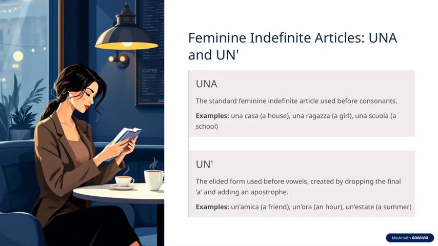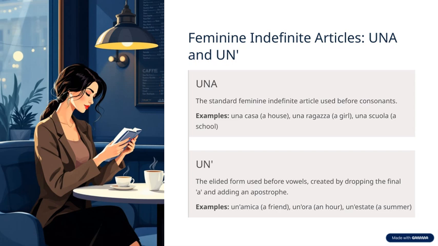Now let's look at the feminine indefinite articles in Italian, which are una and un'. Una is the standard form used before words that start with a consonant. For example, you would say una casa for a house, una ragazza for a girl, or una scuola for a school. On the other hand, un' with an apostrophe is used before words that start with a vowel.